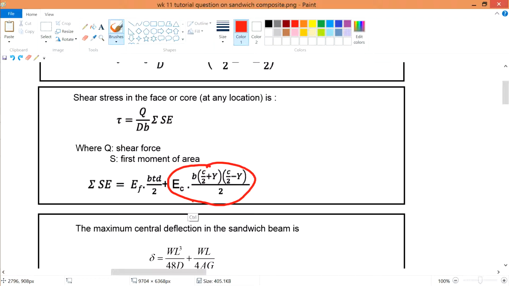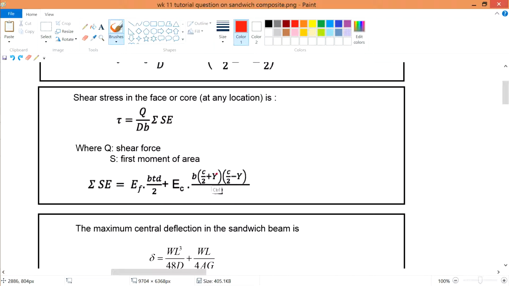Or I think maybe you are using the face and the core together. So this is the overall shear stress. If you want to calculate the overall shear stress of the material, including the face and the core, then you use this whole equation. If you are looking for the shear stress of the face, you use this equation. If you are looking for the shear stress of the core, you use this equation.